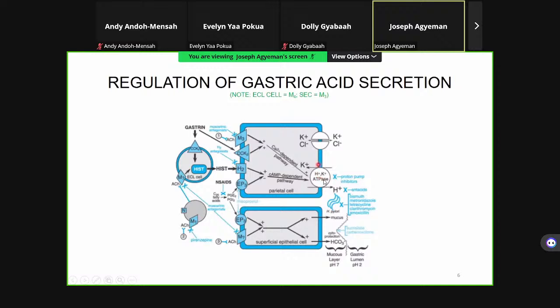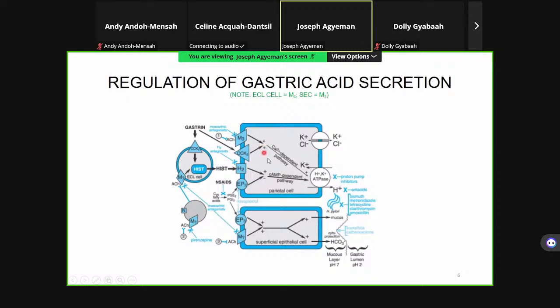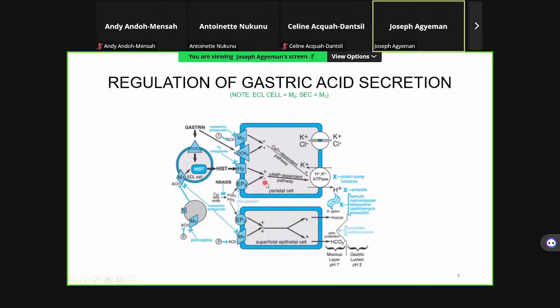Any issues? So you can see that the arrows are forward arrows with plus plus. Plus means you are enhancing this pathway. If you see negative, then it means you are stopping the pathway. So once you see plus, then it means you are enhancing the pathway and acid is going to be released.